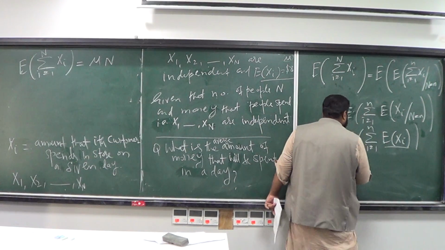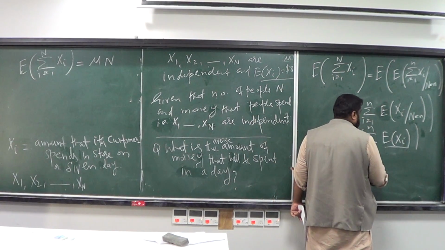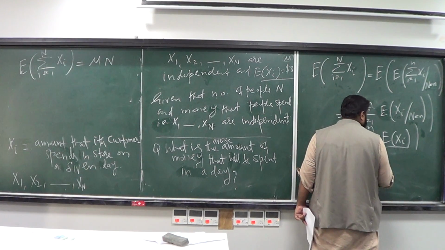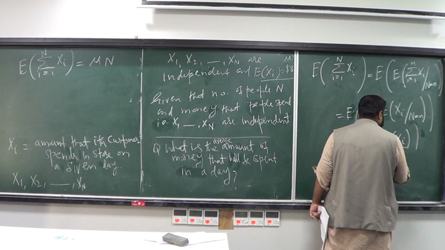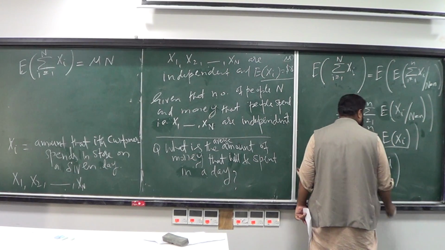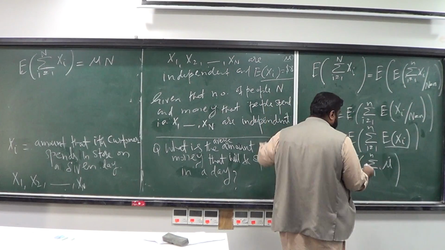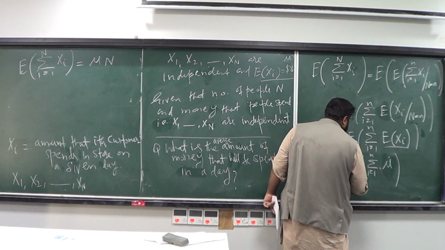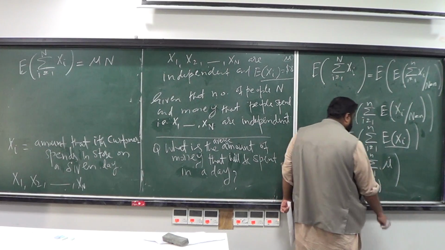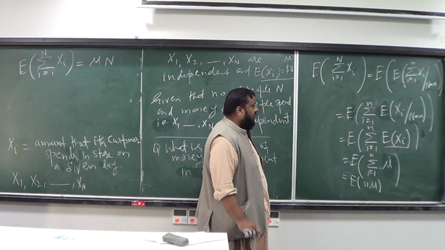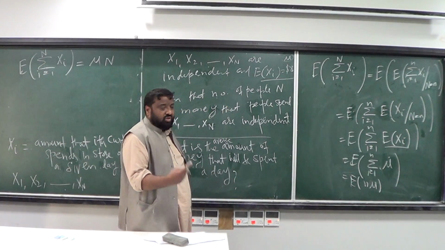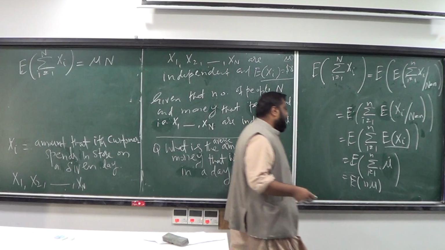So you're going to have the expectation of the sum for i equal to 1 to n of expectation of Xi, let's call it mu, where mu is $8. So this is the same as summing this number mu n times, so you're going to get n mu.